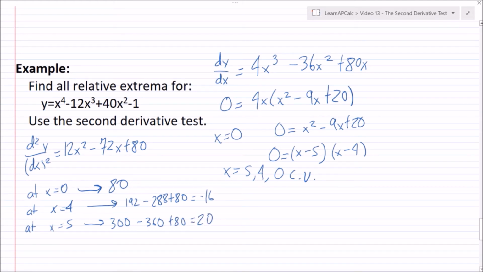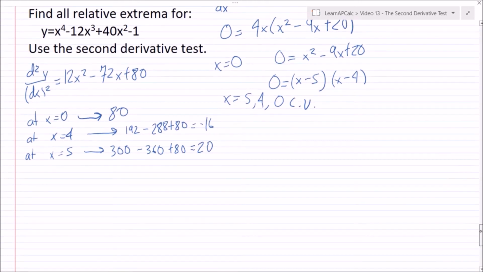So I can say that x equals 0 is a relative min, because we're concave up. Remember, we are happy at x equals 0, so relative min. At x equals 4, we're sad, and so we have a relative max. And at x equals 5, again, we're happy, so we have a relative min.